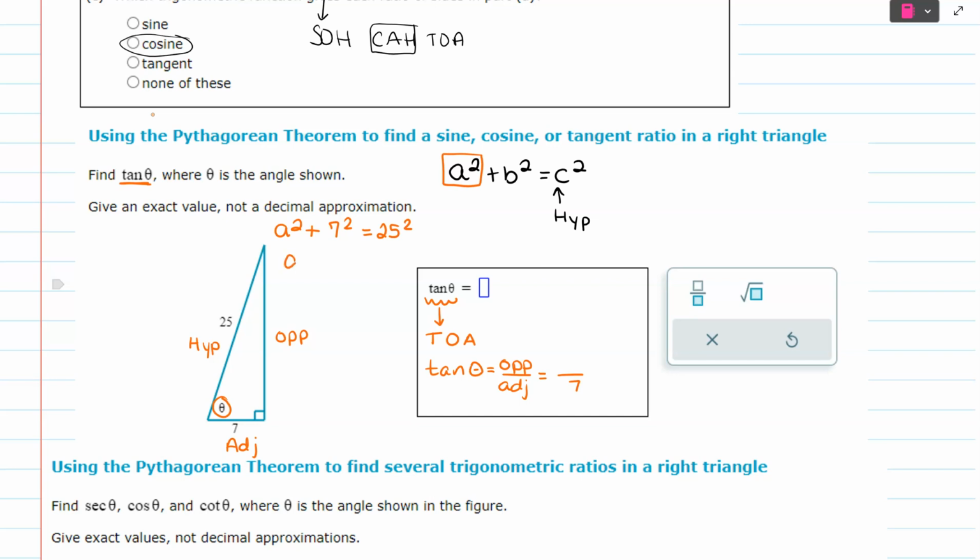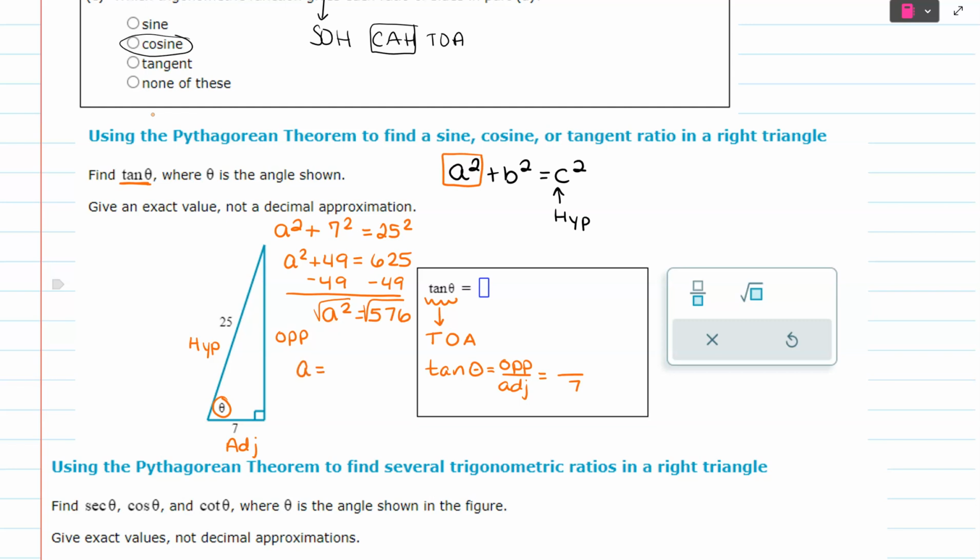So a squared plus 49 equals 625. And now I need to subtract 49 from both sides. So a squared is equal to 576. So now to figure out what a is, I have to take the square root.